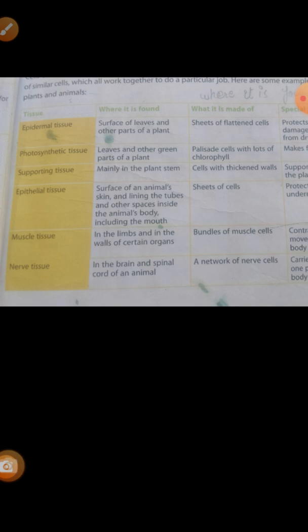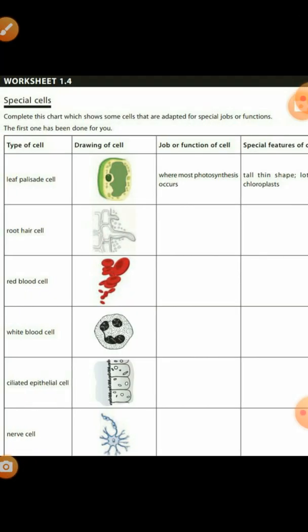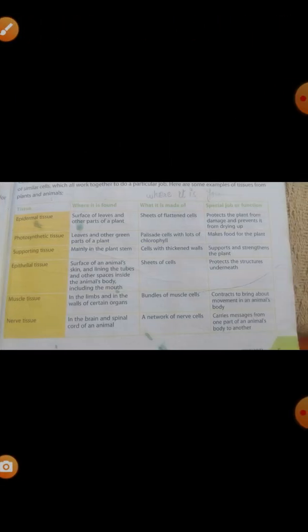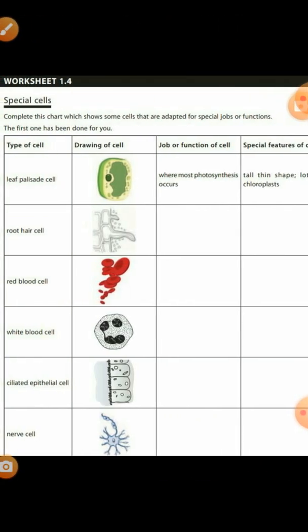The work you have to do in your copies, we are going to send you here. First you have to write the title page of midterm, then the index, and then all the chapter names. After that you will do some exercises.